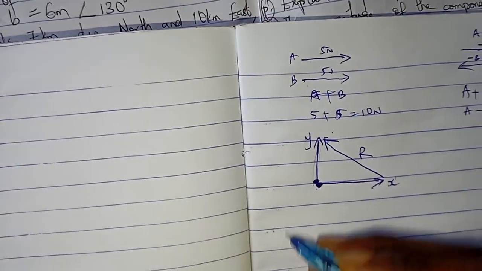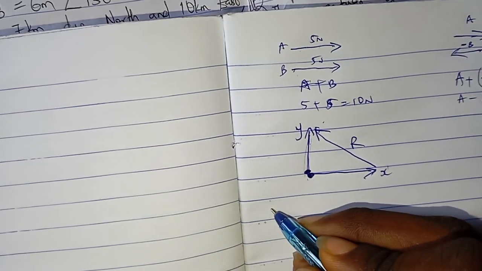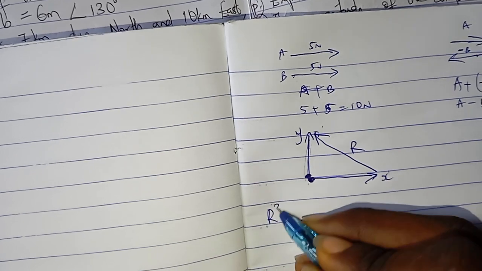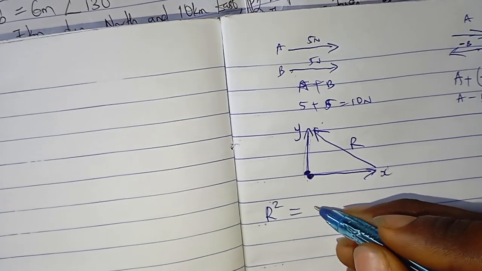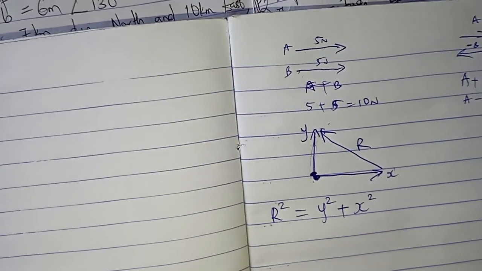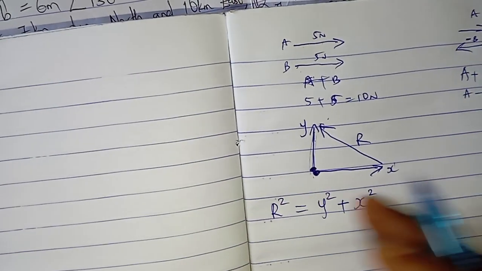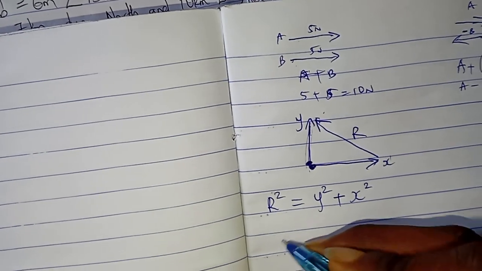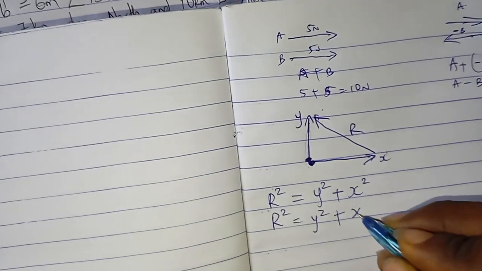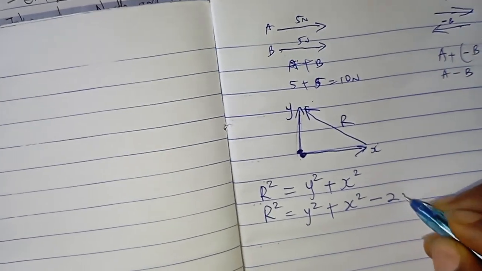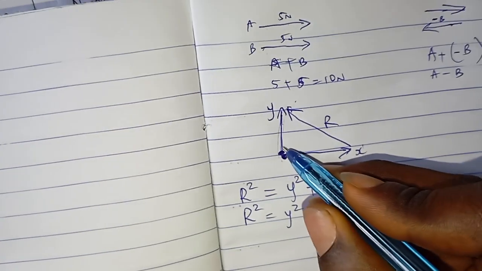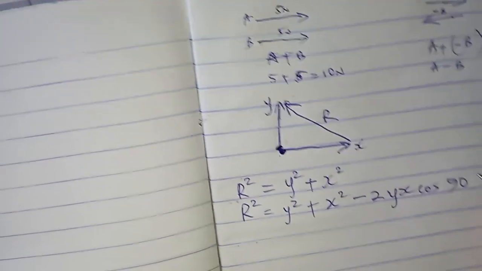This becomes the R. And to get this, we simply use Pythagoras theorem, which is the same thing as saying R square equals y square plus x square. But you need to know that this Pythagoras theorem is coming from the cosine rule, which is R square equals y square plus x square minus 2yx cos 90 degrees.